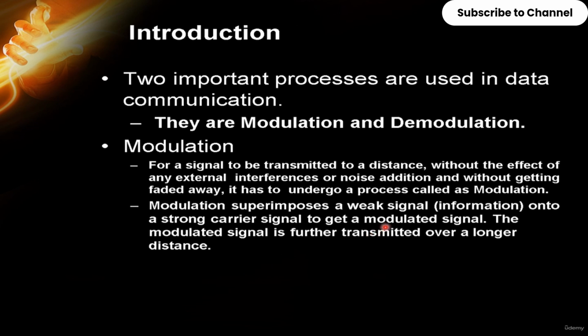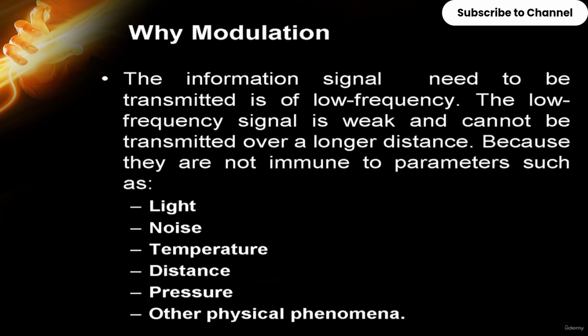A high frequency signal can travel a longer distance without getting affected by any external disturbances. Modulation superimposes a weak signal and a carrier signal, which gives a modulated signal. The modulated signal can further travel longer distances. So why modulation? The information in the signal needs to be transmitted with low frequencies.